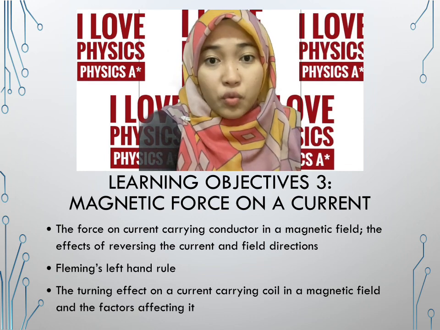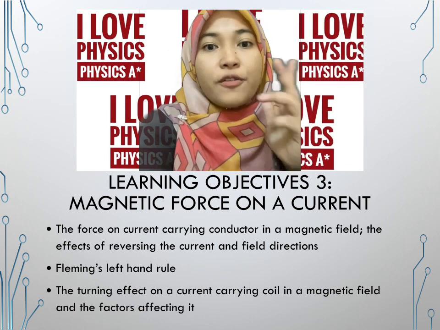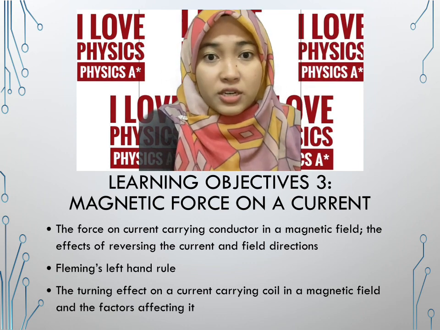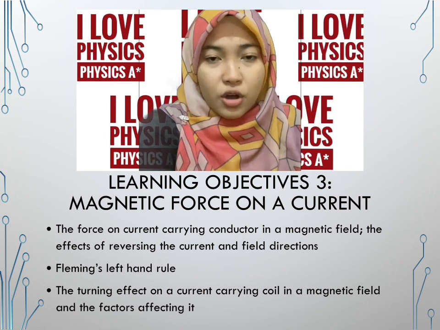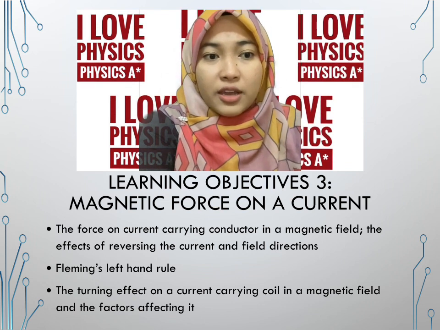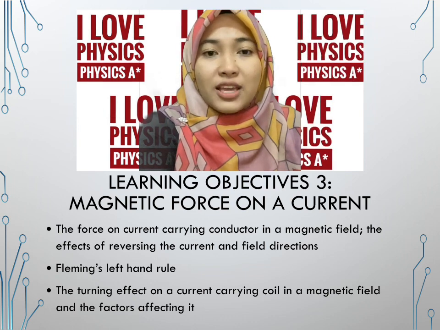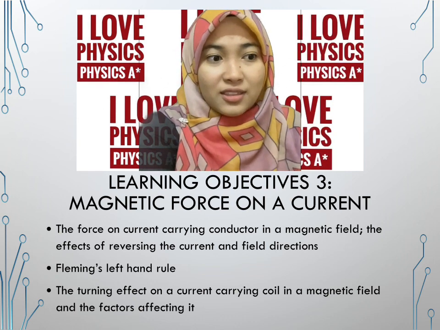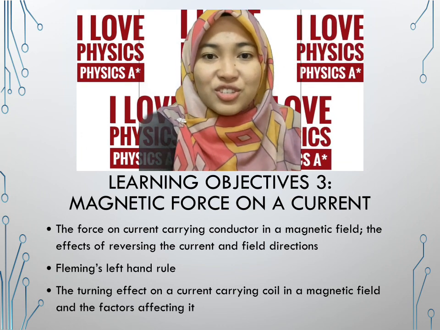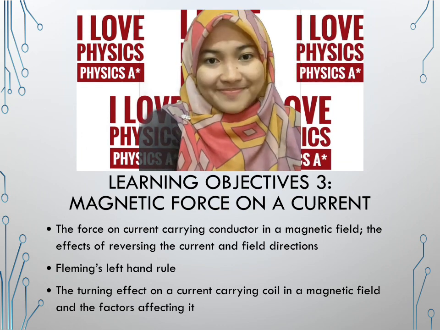The second one, we will learn about the Fleming left hand rule. The third objective of this video, we will learn about the turning effect on a current carrying coil in a magnetic field and the factors affecting the turning effect. Alright, let's continue to our discussion.